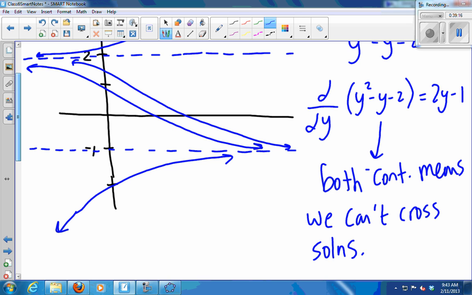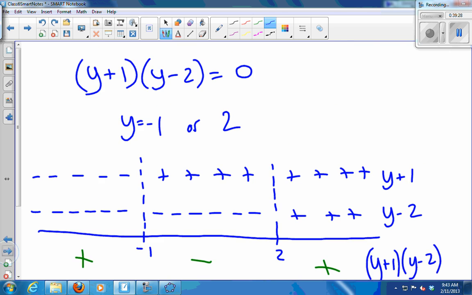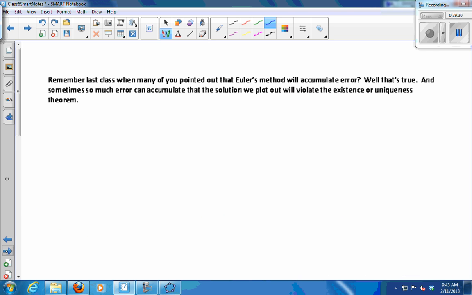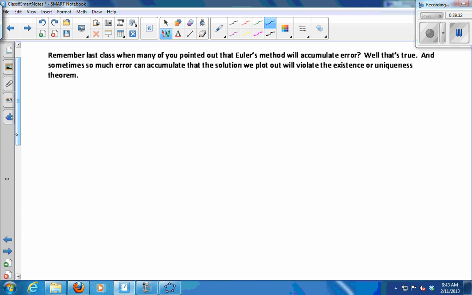Okay. So really, there isn't anything new in this qualitative analysis that we haven't done before. It's just that now we know we're allowed to do that. So remember last class, many of you pointed out that Euler's method will accumulate error because we keep using the slope to approximate a point, and then we assume that point is on the curve, and we get a new slope to approximate a new point.